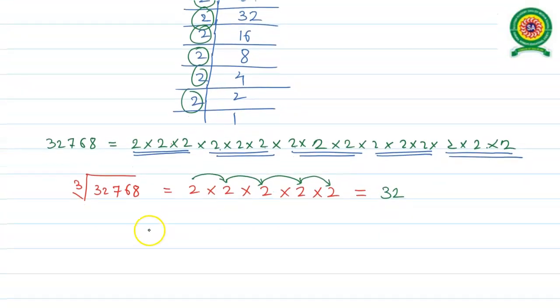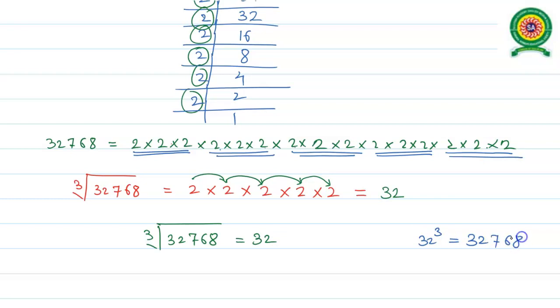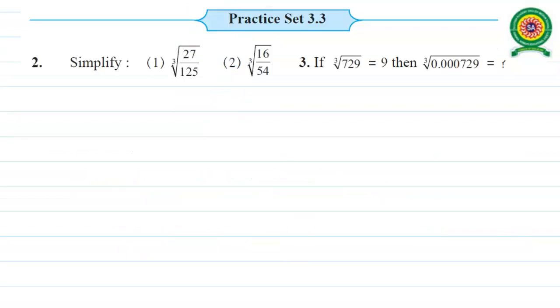So that we are having cube root of 32,768 is 32. Once you find 32 cube, definitely you will get 32,768.